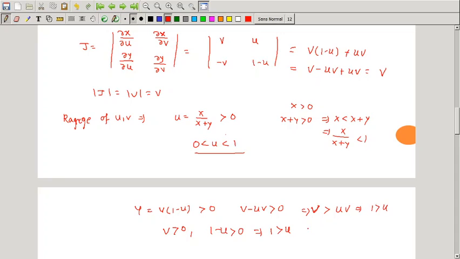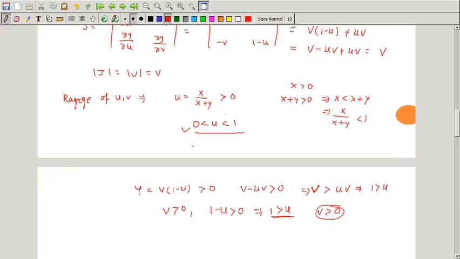Okay, so ultimately the result is that u lies between 0 and 1 and v is just greater than 0. So this is the range of u and v.